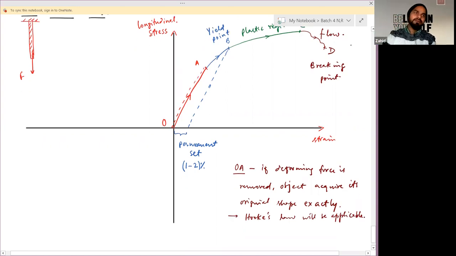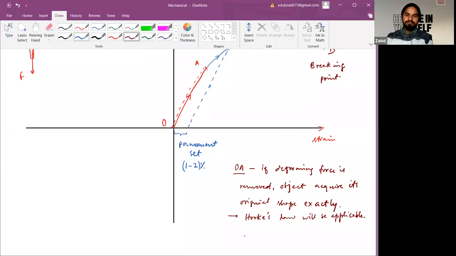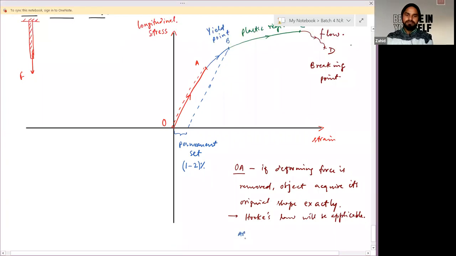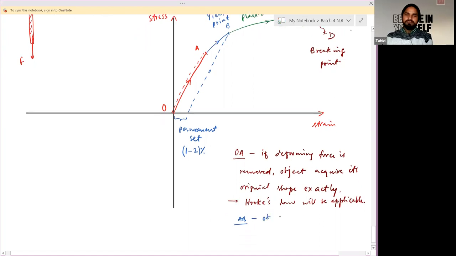Next is from A to B, the object will still have elasticity, but with some permanent deformation.